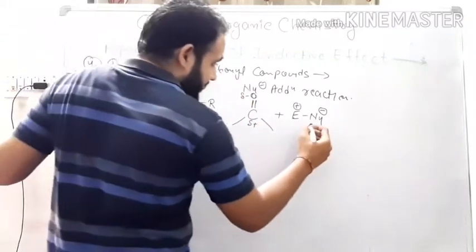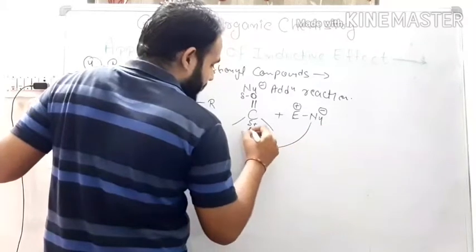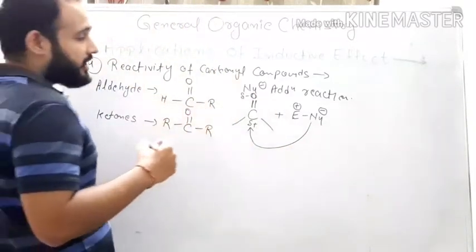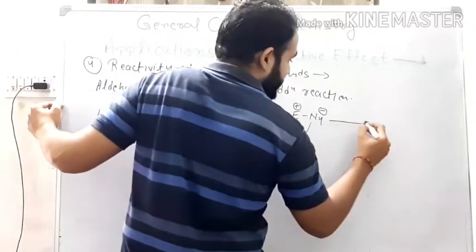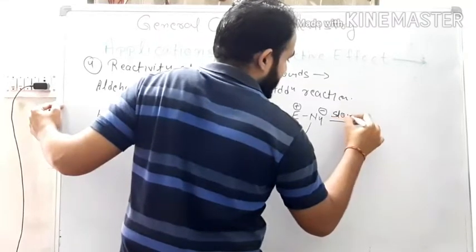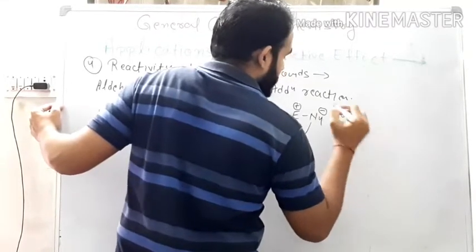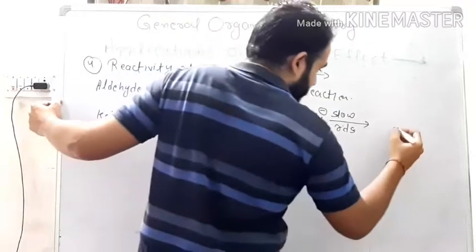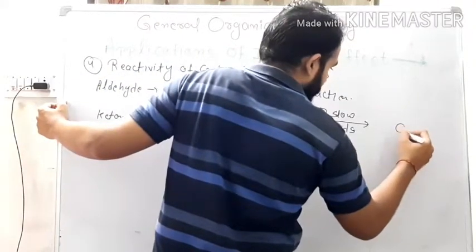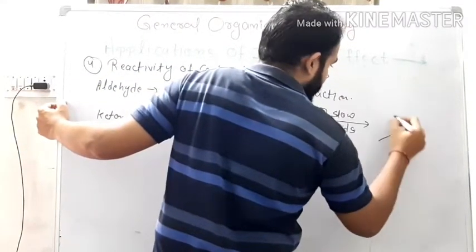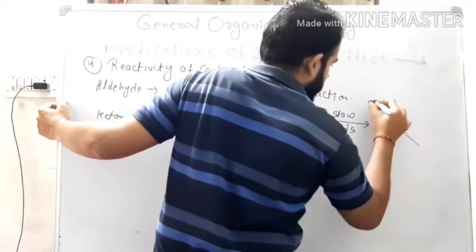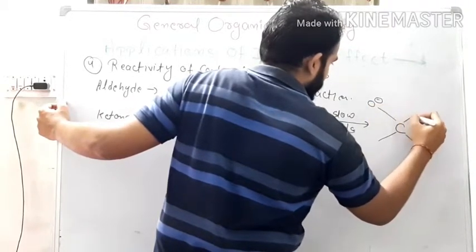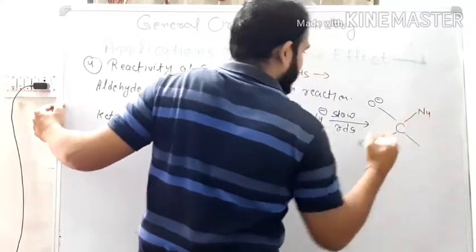So in this reaction, firstly the nucleophile will attack the carbonyl carbon, and this is a slow and rate determining step. Understand? Now what happens? After the attack of the nucleophile, this oxygen will carry a negative charge and the nucleophile binds with the carbonyl carbon.